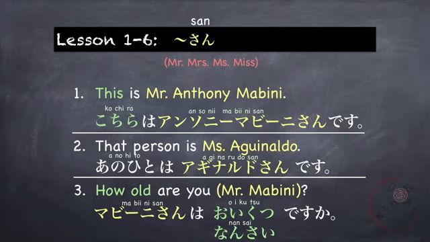In my experience, you can attach san to first name or last name. If the other person introduced themselves to you using their last name, of course you will address them using their last name. For example, Suzuki desu. I am Suzuki. So you call them Suzuki-san.